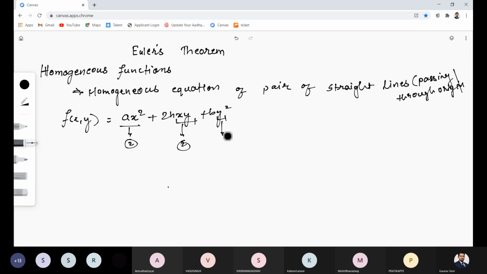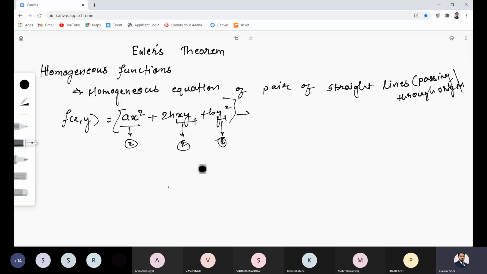Third term, variable y, degree is 2. So each of the terms in this equation is of degree 2. Okay. So whenever we look at an equation in which every term has the same power, such an equation is called the homogeneous equation. So this is a rough definition.